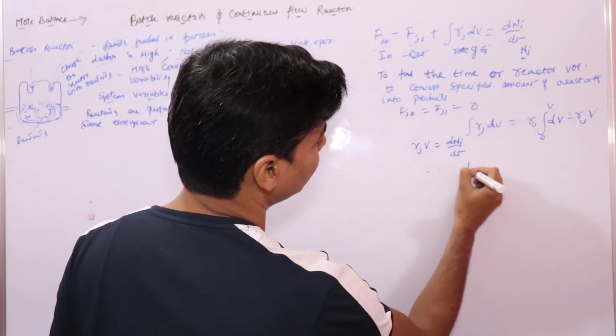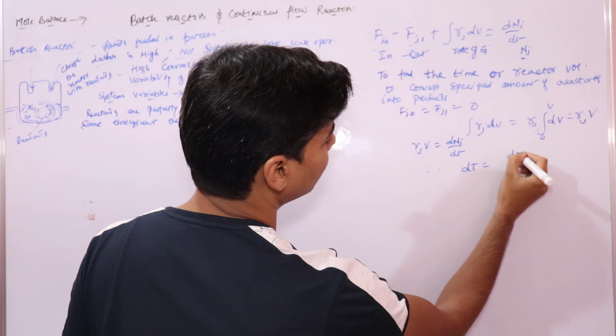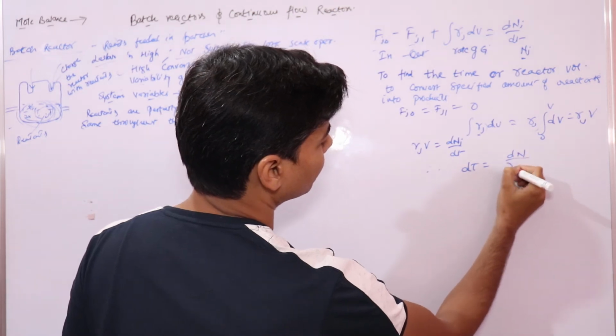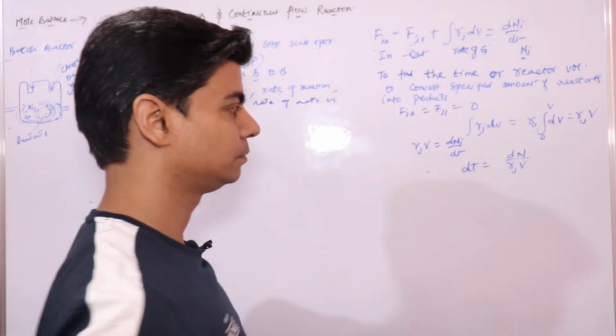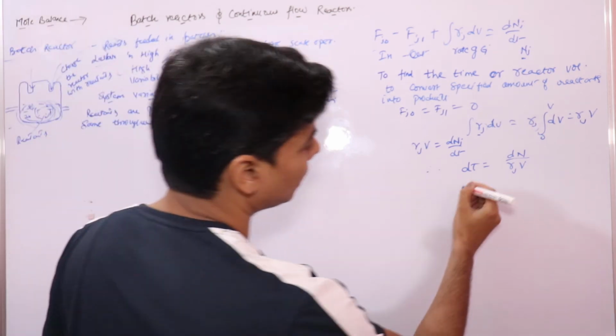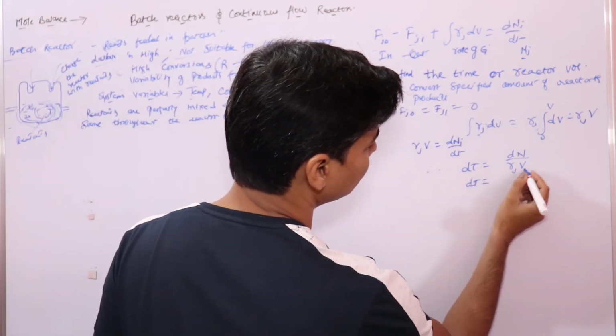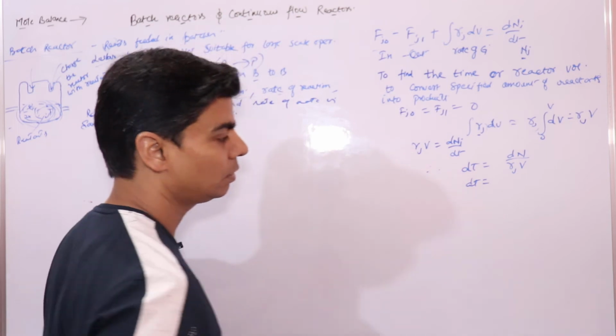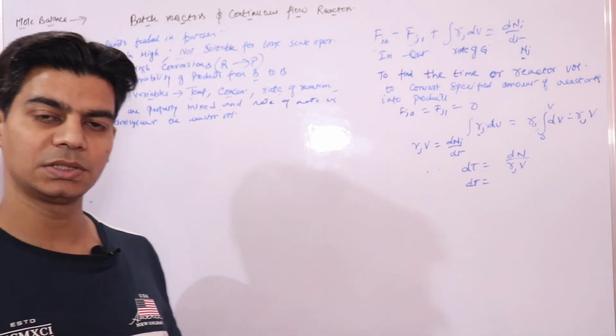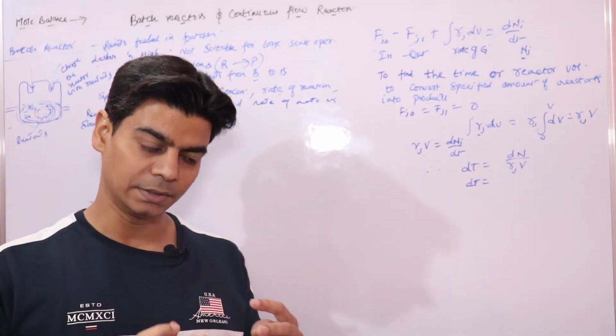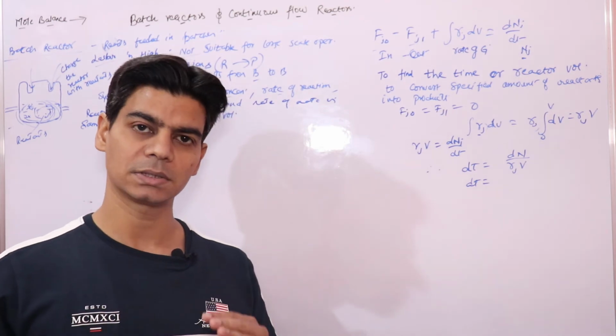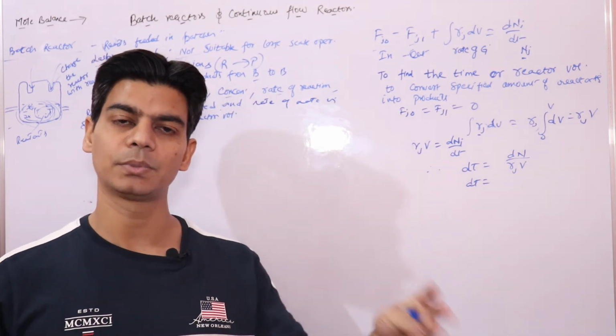Therefore dt would be equal to dnj upon RjV. Rj represents your rate of reaction, and we know that reactants will decrease as time progresses.